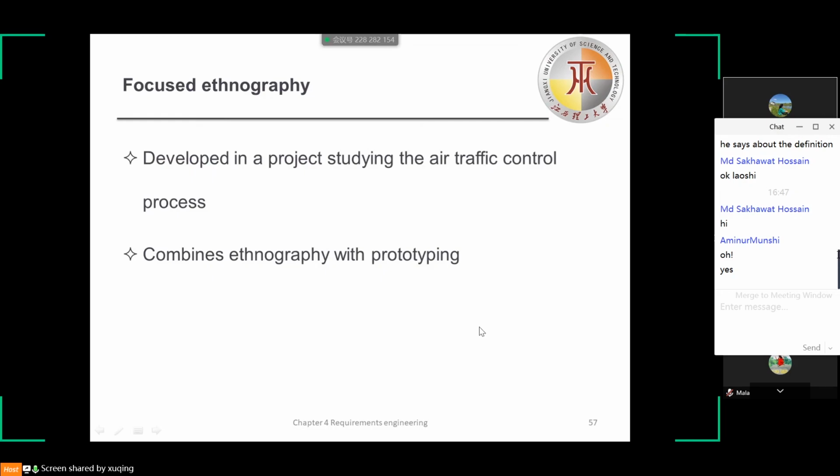Here, the ethnography informs the development of the prototype so that fewer prototype refinement cycles are required. Also, the prototyping focuses the ethnography by identifying problems and questions that can then be discussed with the ethnographer. Later, they should look for the answers to these questions during the next phase of the system study.